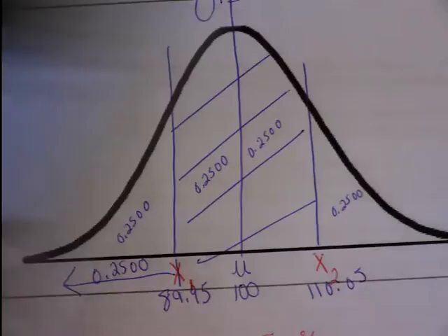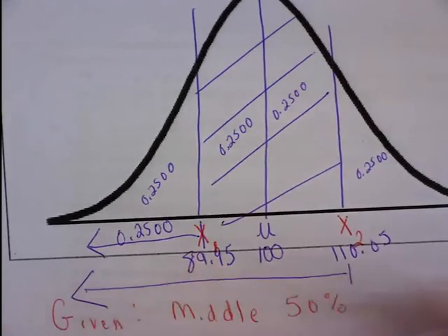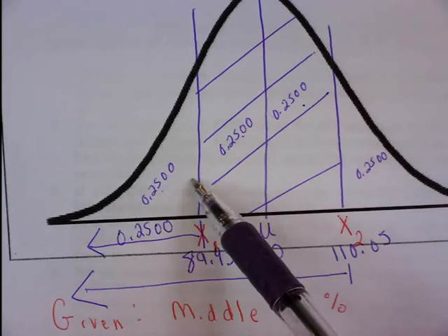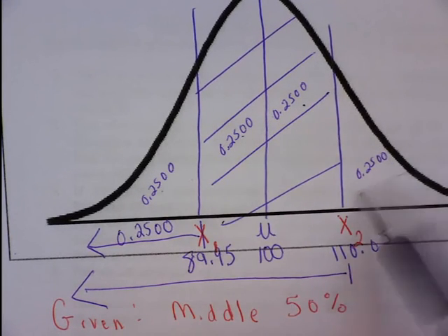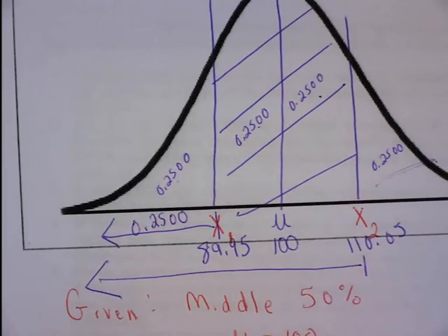Now the other one, the area below the other unknown is 0.25 plus 0.25 plus 0.25, which is 75%. And that makes sense because 25% is above it, so 75% is below it.